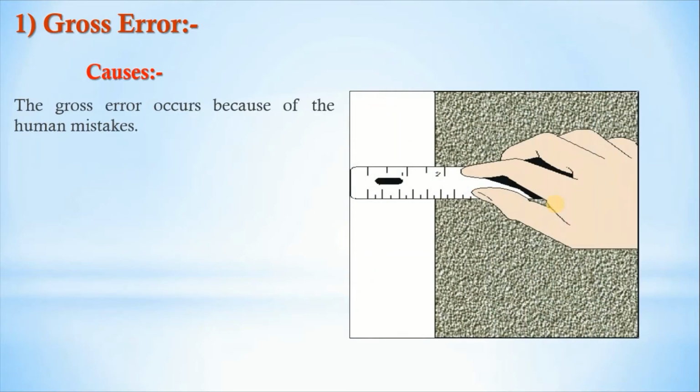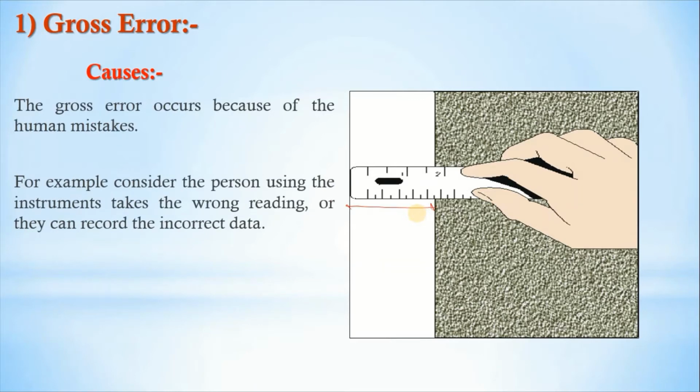The gross error occurs because of human mistakes. While taking the readings, if the human is using the wrong type of instrument, or while taking the readings, based on that the error can arise. So due to human mistakes while handling the instrument, while taking the readings of the instrument, these types of error can arise.